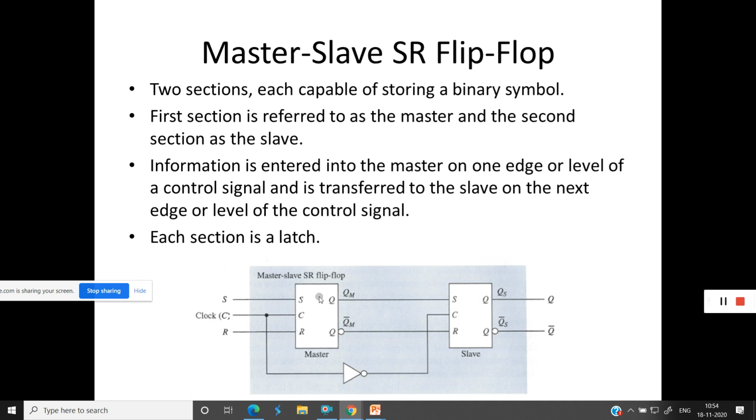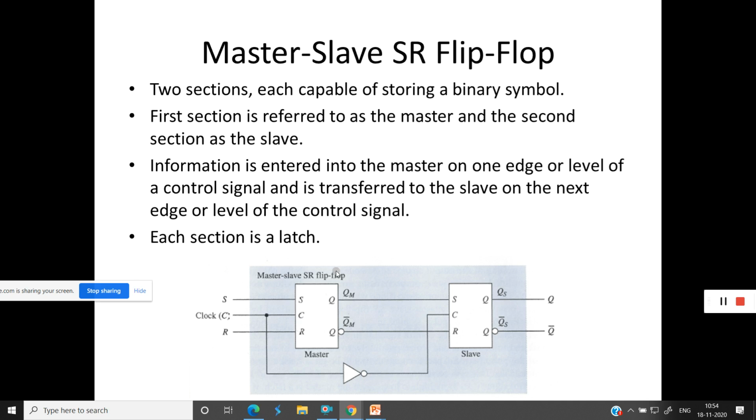For the master we have two outputs, QM and QM bar. For the slave we have two outputs, QS and QS bar, and these are the Q and Q bar outputs of the master slave flip flop. S and R are the inputs of the master slave flip flop, and Q and Q bar are the outputs.